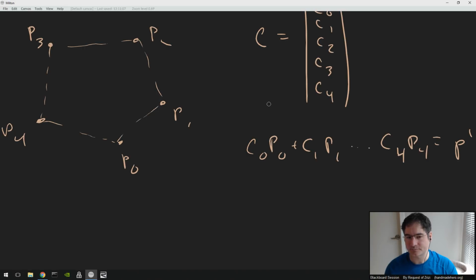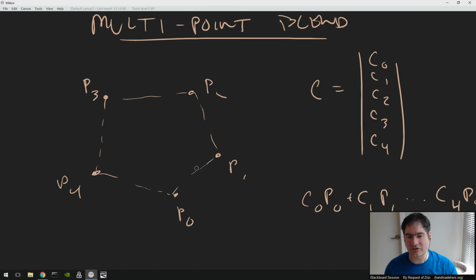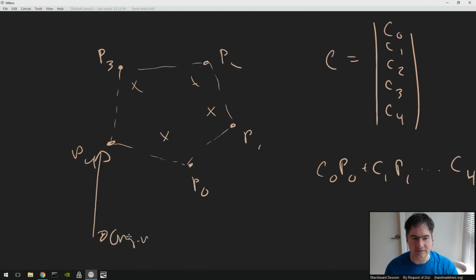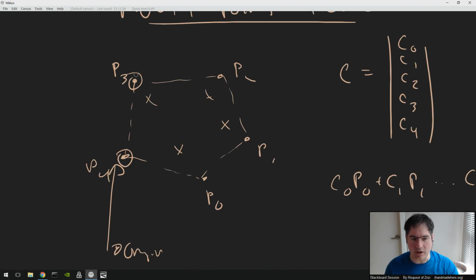And all I have to do to ensure that I stay inside is to make sure that these values sum to 1, because the exact same thing applies. No matter where the origin is, if I equal 1 on any of these points, I'm at the point. I know that because everybody else has to be 0. That's the requirement of sum to 1.